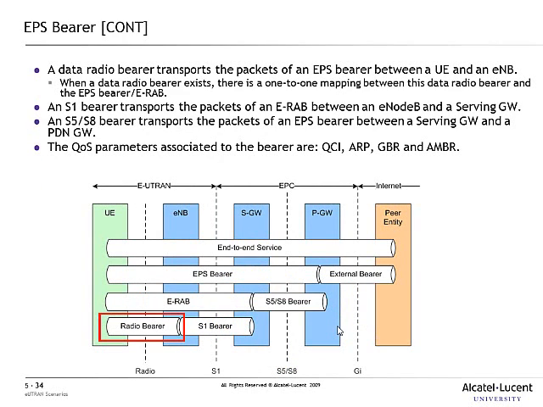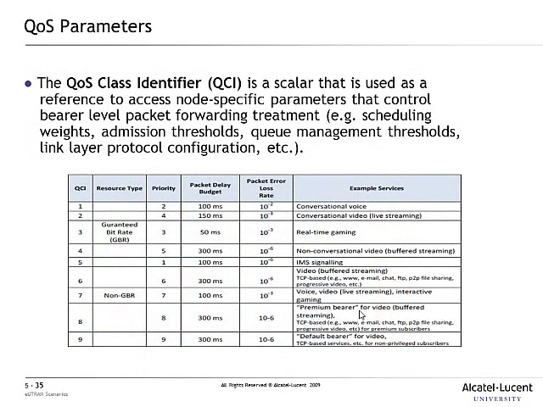So this was a diagram that I showed you earlier, which shows the different types of bearers that you can have. Okay, the EPS bearer is the bearer that goes between the UE and the packet gateway, and it's made up of radio bearers, S1 bearers, and S5, S8 bearers. Now, this quality of service, as I said, there are 9 possible quality of service class indicators in LTE, and these are numbered 1 to 9.